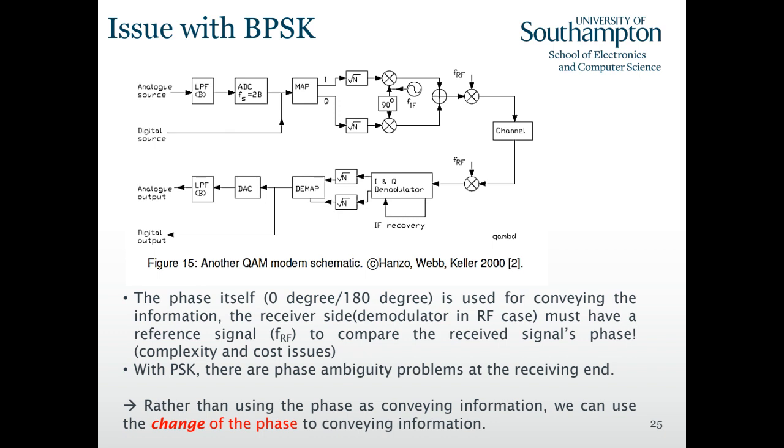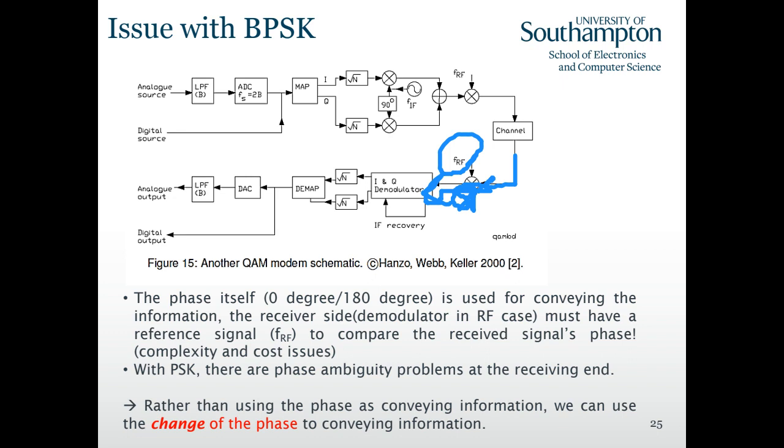This becomes similar to RF, because for RF, when we demodulate the received signal, we need to down convert the signal to baseband. So how do we do that? We isolate the signal with a locally generated carrier frequency. So this complexity is quite high for optical communication.